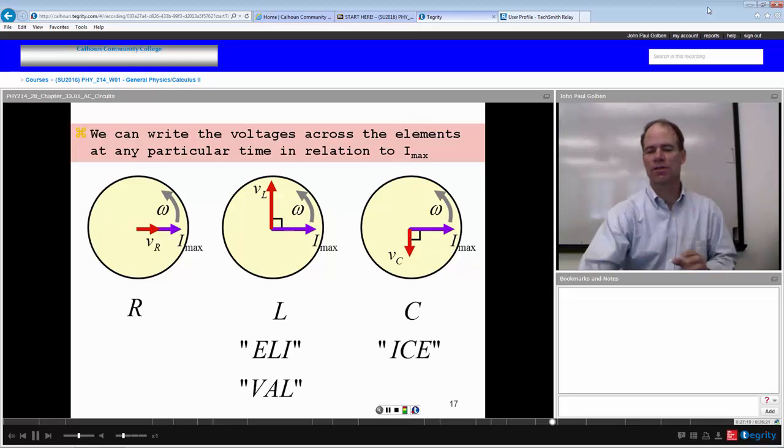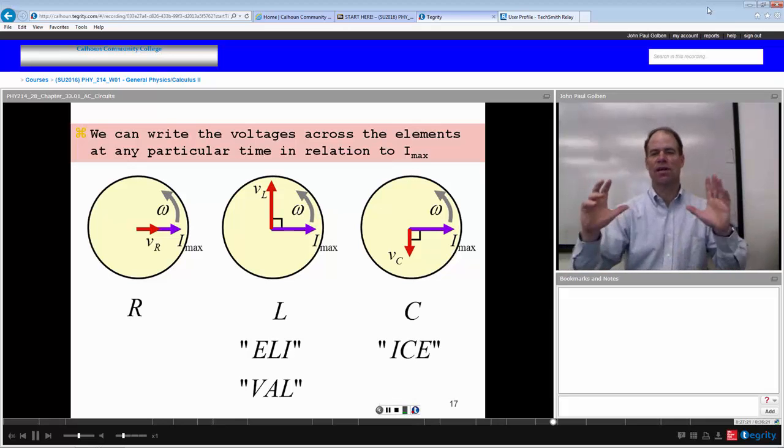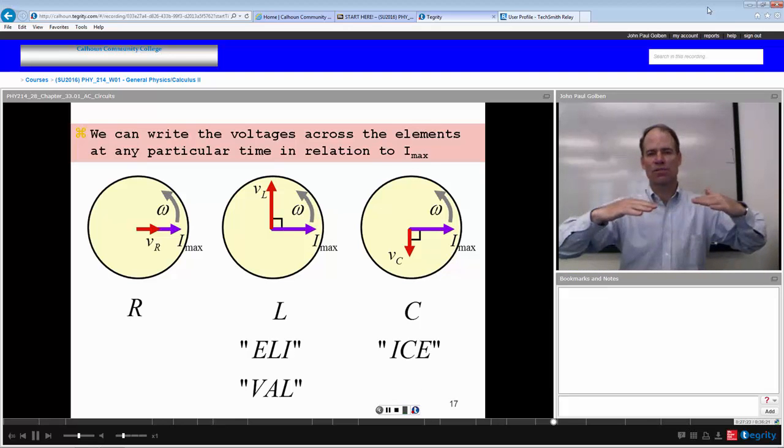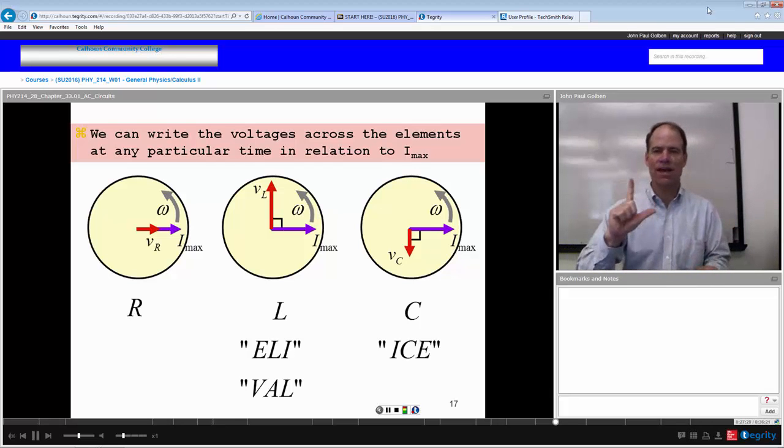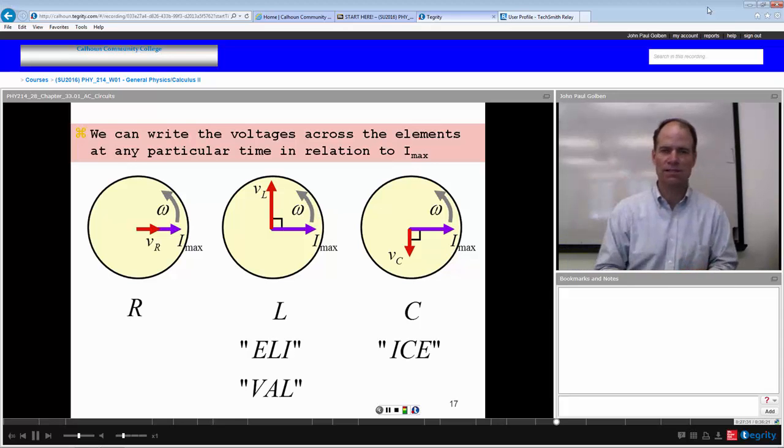So if we were to take a snapshot of this circuit with one current representing the circuit, we would have the voltage of the resistor in phase, the voltage of the inductor 90 degrees ahead, and the voltage of the capacitance 90 degrees behind that current.